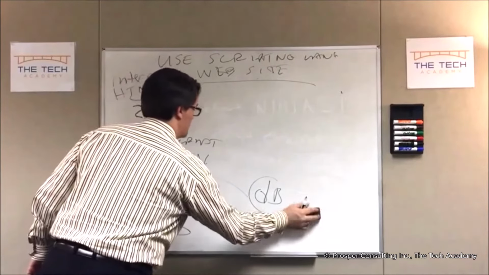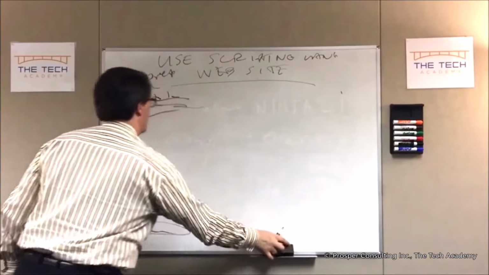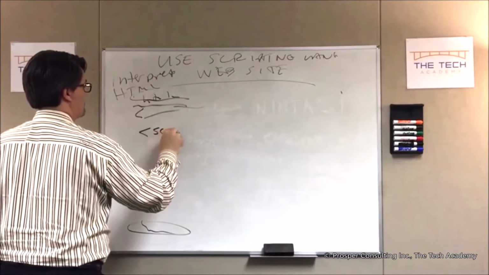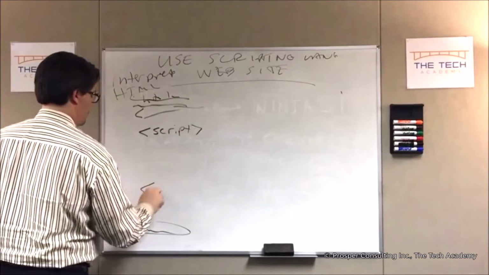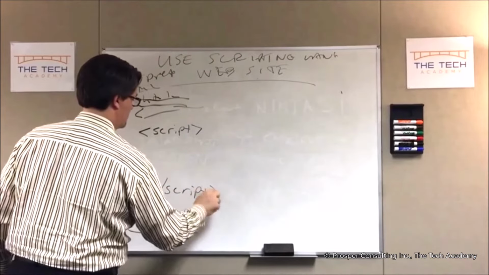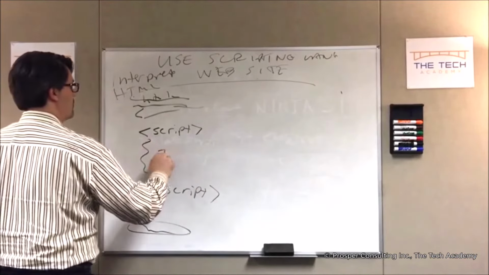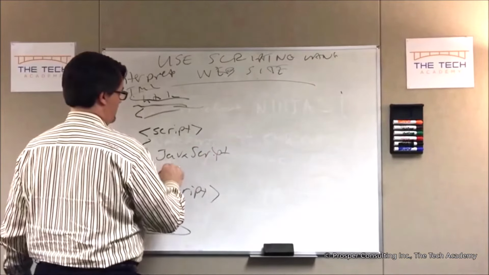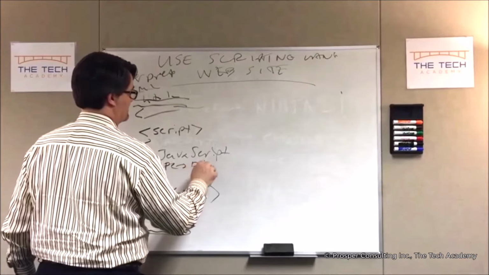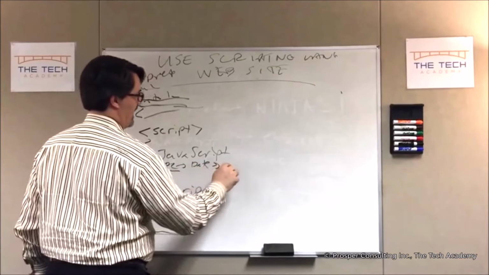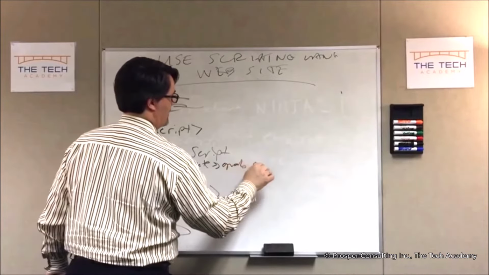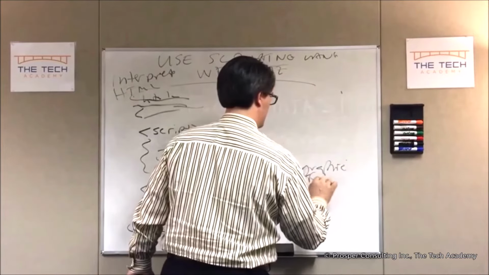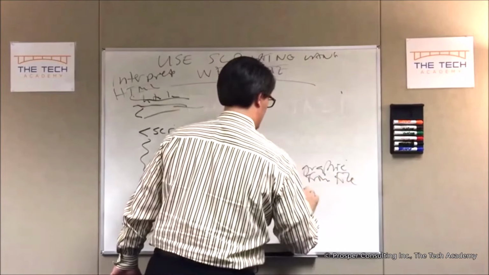So how do you do it? Really simple. One of the tags available in HTML is script. And of course, end script. In here is where you put, in this case, your JavaScript code, which could basically say, go to the PC and figure out what the date is, go to the computer, figure out what the date is, and then grab a calendar graphic from a file and display it.